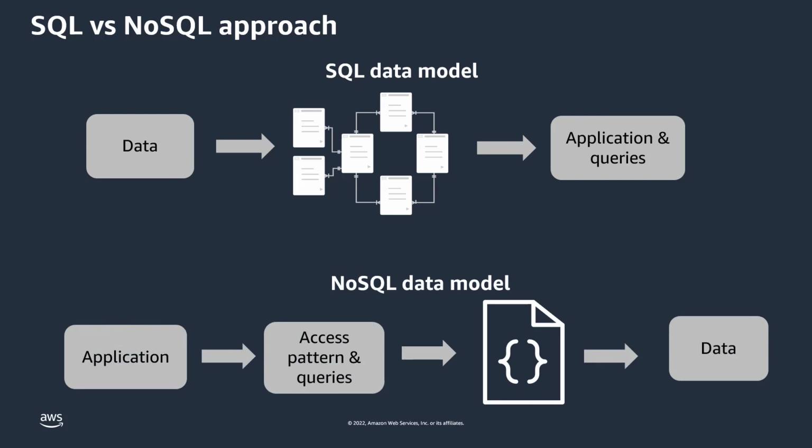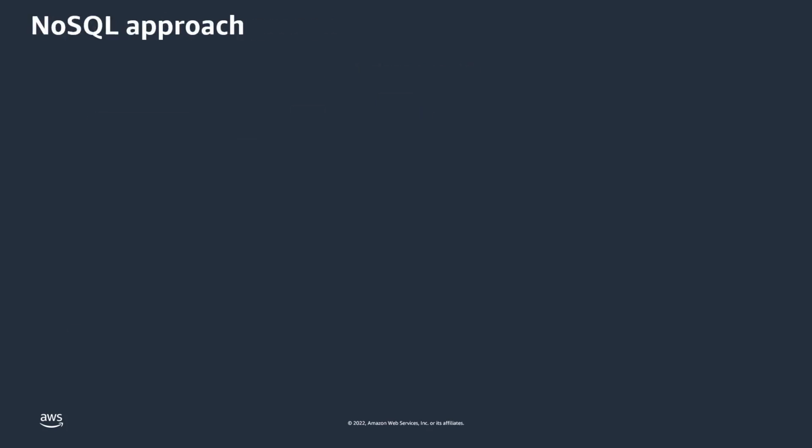In the NoSQL world, you'll start from the application requirements, decide the access patterns and queries, which will define the data model, which in turn will define the way the data is stored. For example, instead of doing joins when you read the data in relational databases, you're going to think about joining the data at the time you write it in a database. This way, your data is retrieved efficiently with fewer round trips to the database.